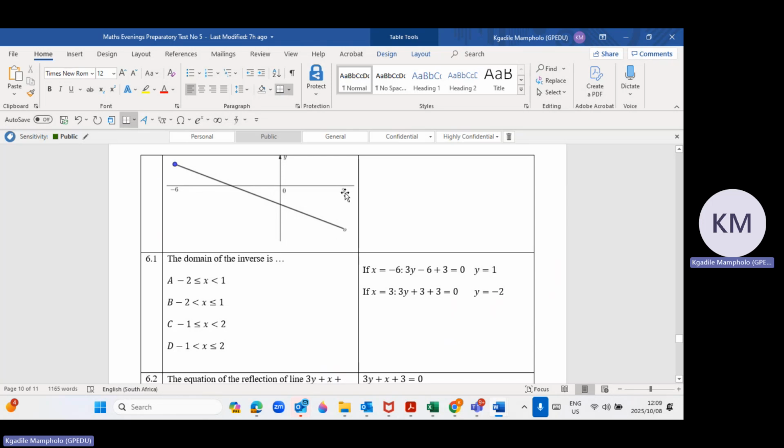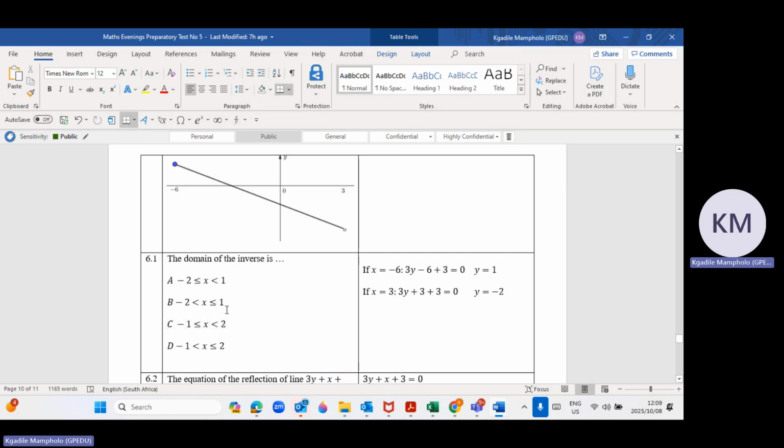When x is 3, y is -2. It means for the domain, these critical values for the range of f will be the critical values of the domain of the inverse. Then it means x will be between -2 and 1.